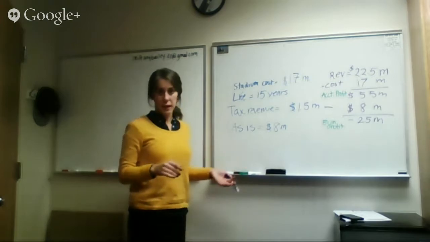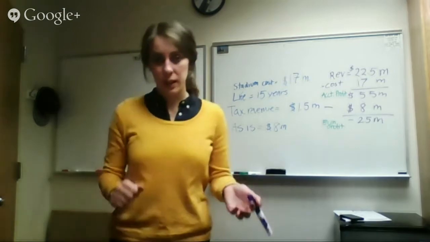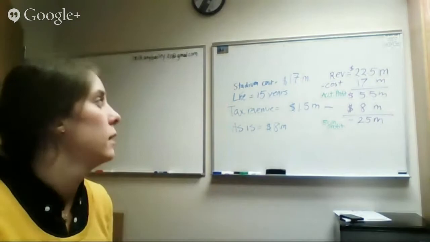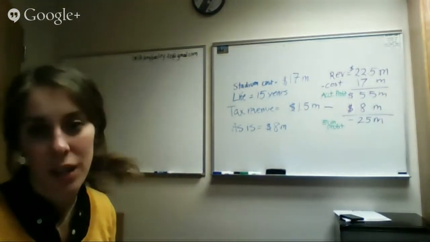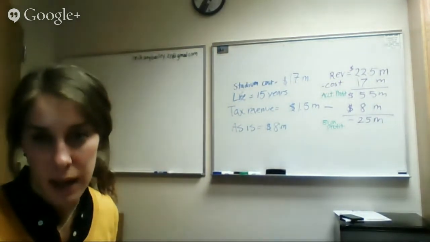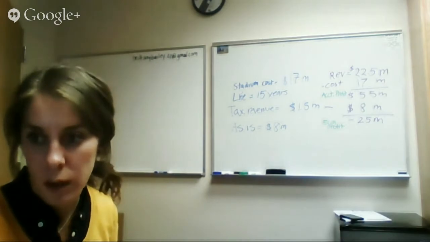So we see that there's a negative economic profit. If you look at the other opportunities that you could have taken, you're actually not coming out as well as you might have. And so it would be better to choose a different option.